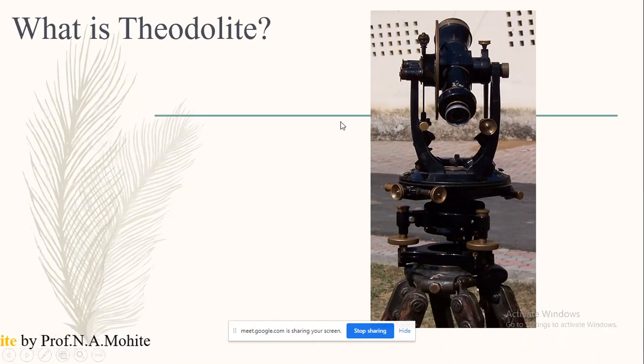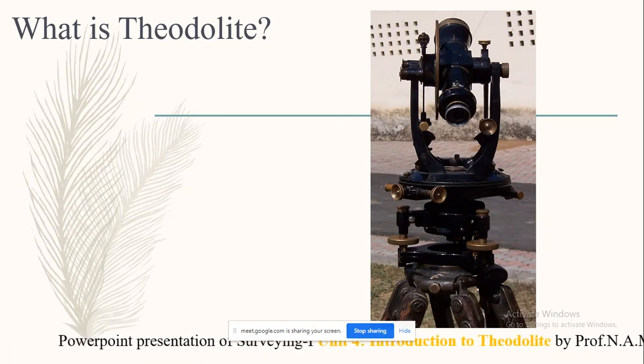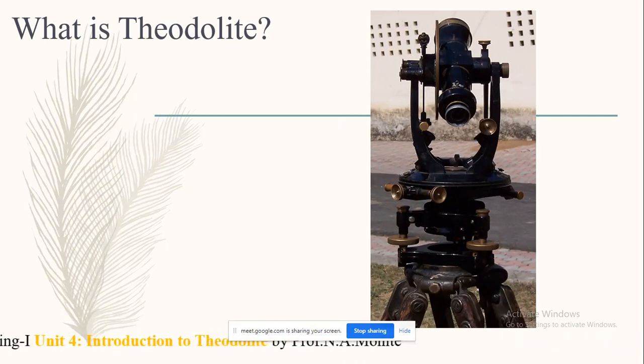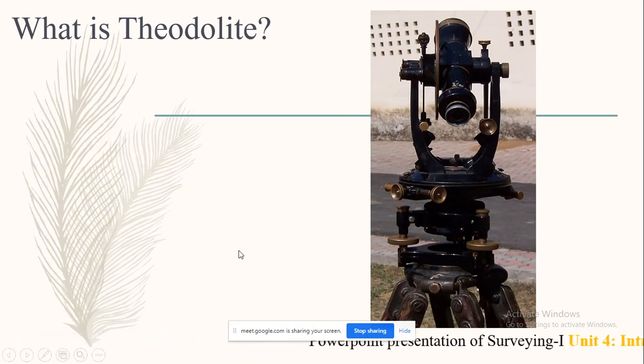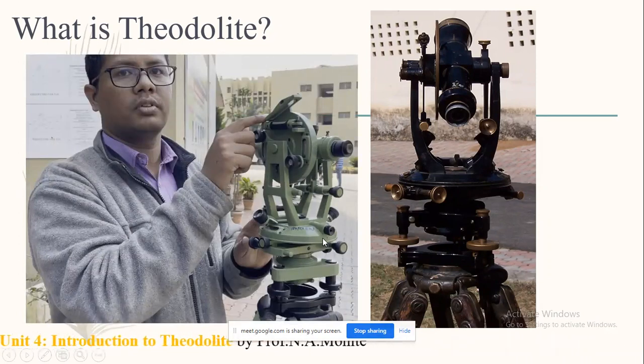Correspondingly, we can do all the measurements dealing with the horizontal plane and the vertical plane. So this is nothing but a theodolite which has been mounted over a tripod stand. You can see here.